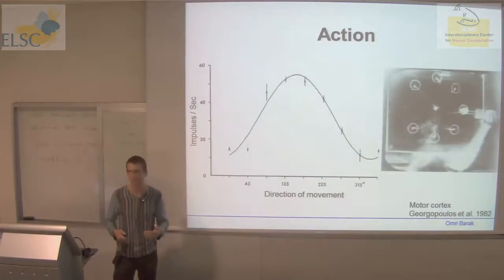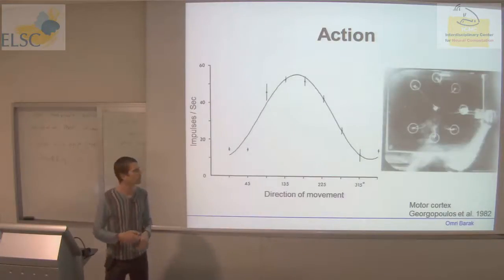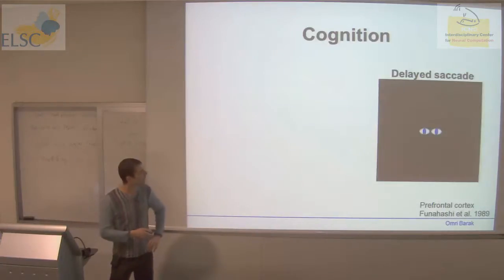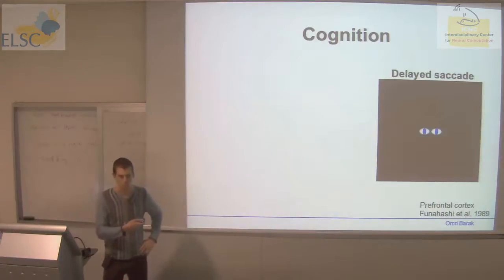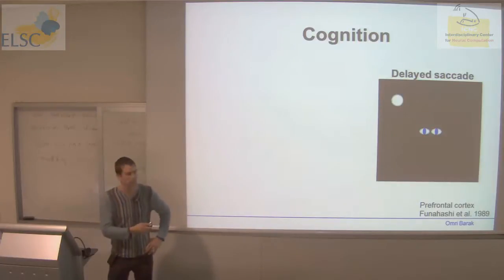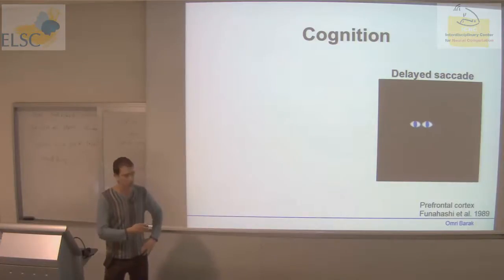In a similar manner, neurons in the motor cortex were found that encode the direction of motion of a monkey's arm. And when we come to cognition and working memory, people use the delayed saccade task: a monkey fixates in the center, a target briefly appears in the periphery, and after a delay period the monkey has to saccade to the location of the memorized target.